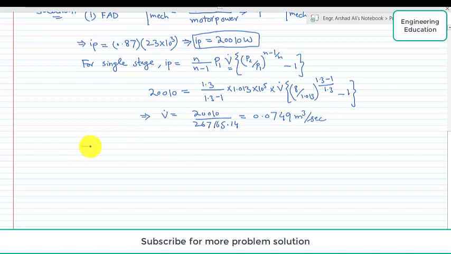So this is the free air delivery which was required in part 1.